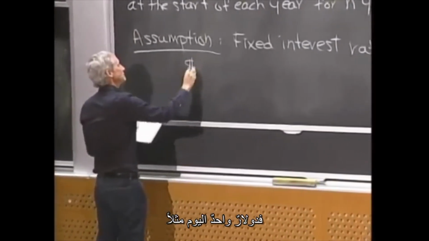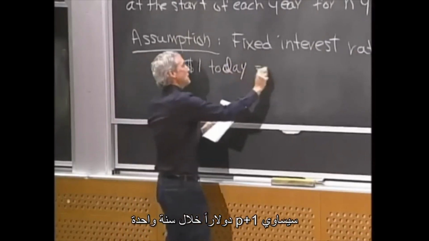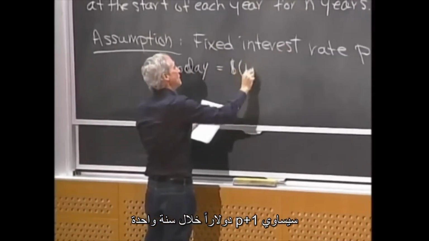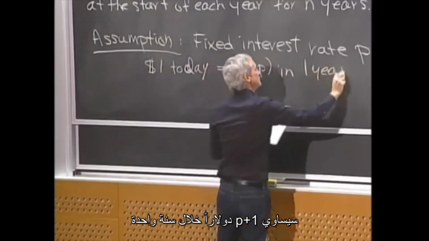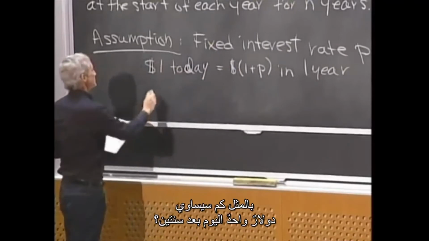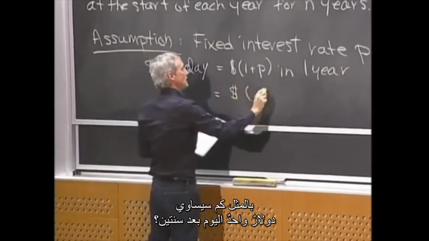So for example, $1 today is going to equal 1 plus P dollars in 1 year. Similarly, $1 today, how much is that going to be worth in 2 years?